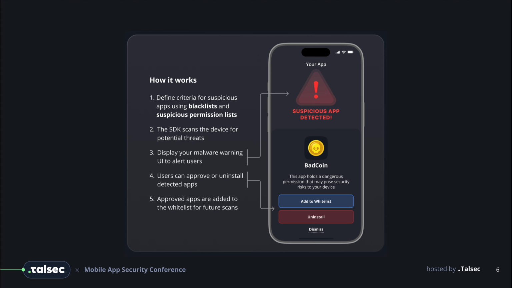To implement a warning screen, we don't provide UI assets, but we provide the intelligence to have something to show. So you may imagine this use case where you will be able to secure your users against malware campaigns, phishing, and social engineering.